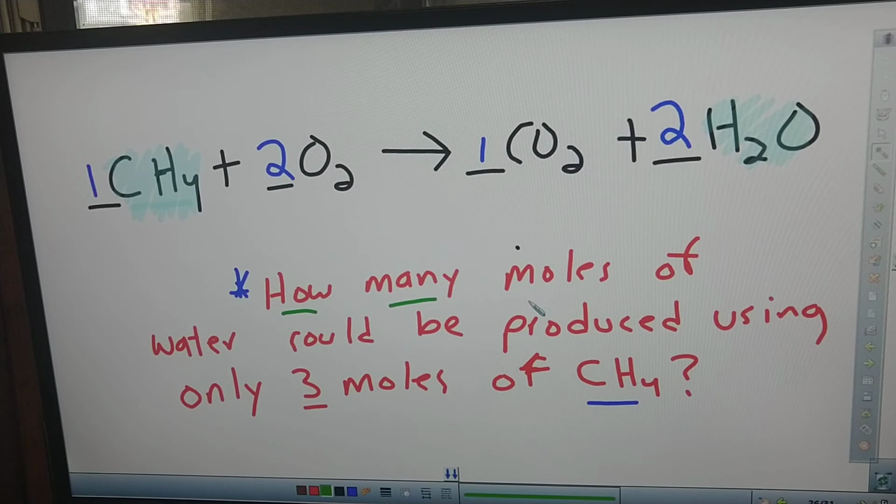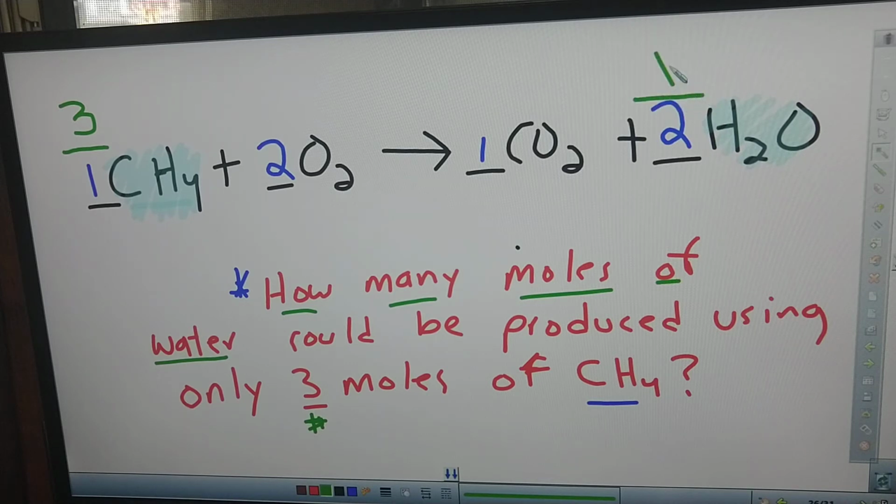How many moles of water could be produced using only 3 moles of methane? So here we go. Let's say we burn 3 moles of methane instead of the 1 in our balanced equation. That would take us over here.